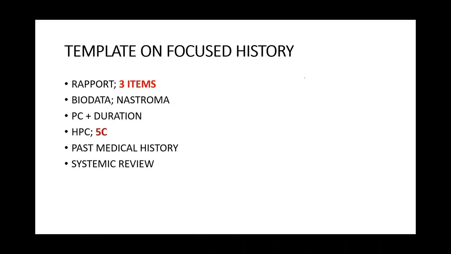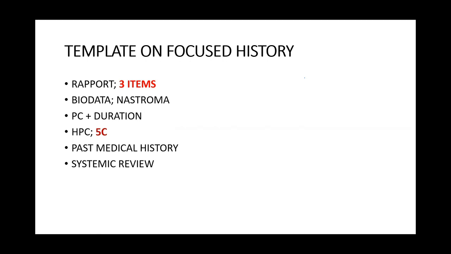The cause in terms of etiology or risk factors. The complications the patient developed and the care the patient received. Now, these are the areas you will pay attention to.